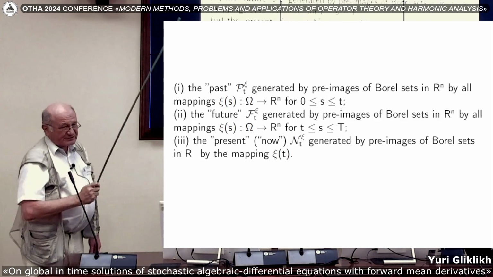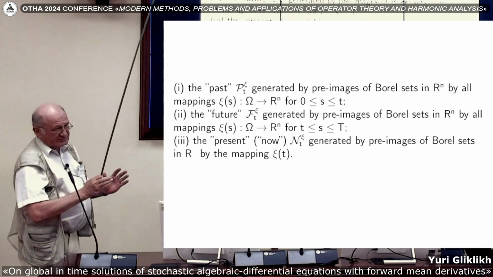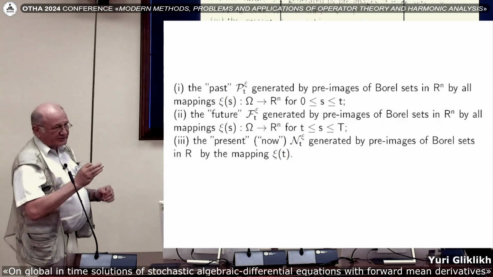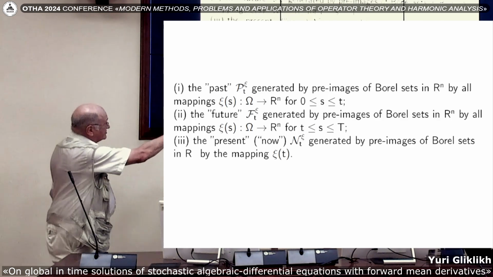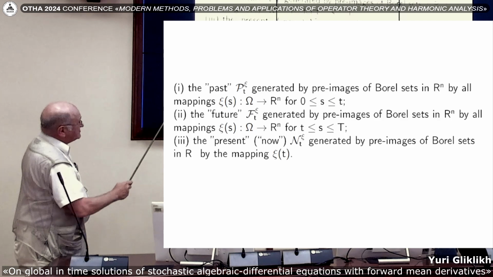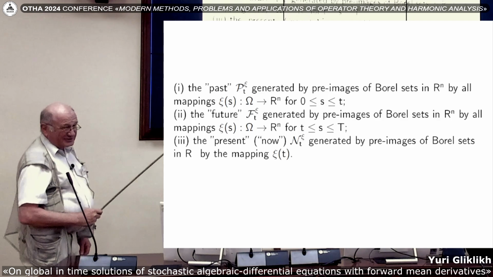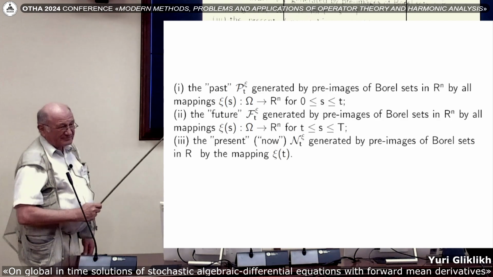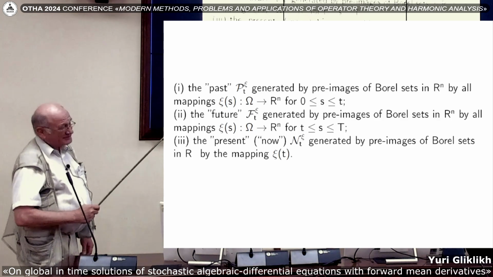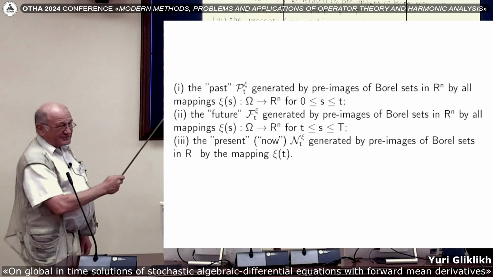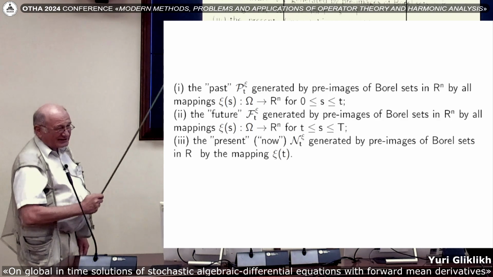for simplicity, we will deal with a process given on a finite interval from 0 to capital T. The same, but for s between t and capital T. And the present should be denoted by P as well, but it's not good, and the author of this theory, Edward Nelson, decided to use the letter N from now.